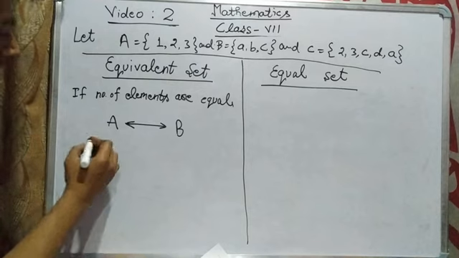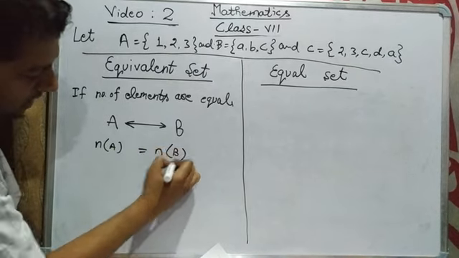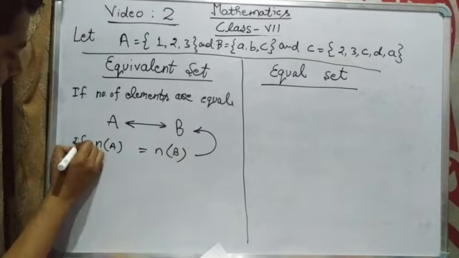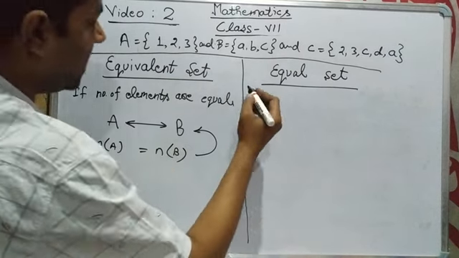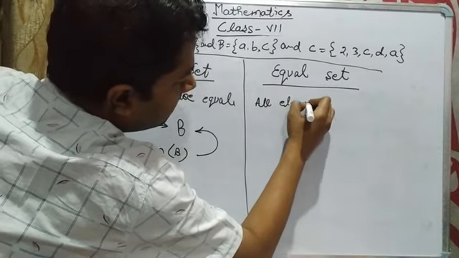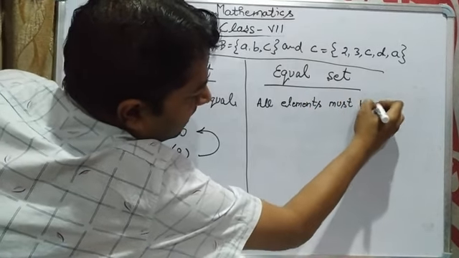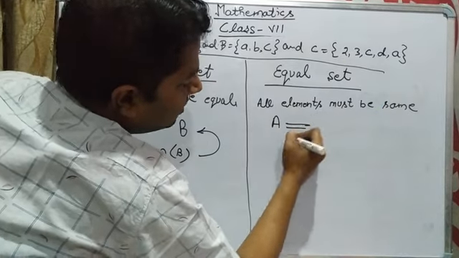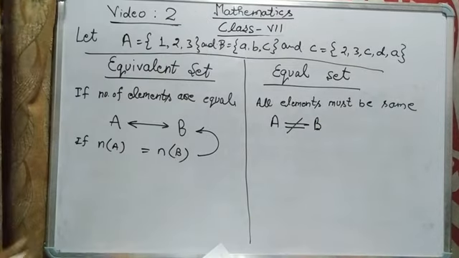So the cardinal number of A is equal to the cardinal number of B. That means A is equivalent to B. In an equal set, all elements must be the same.